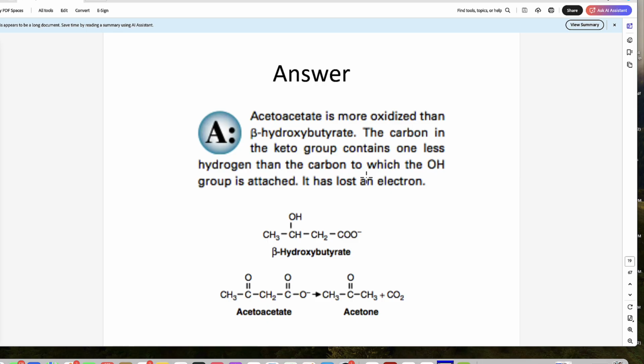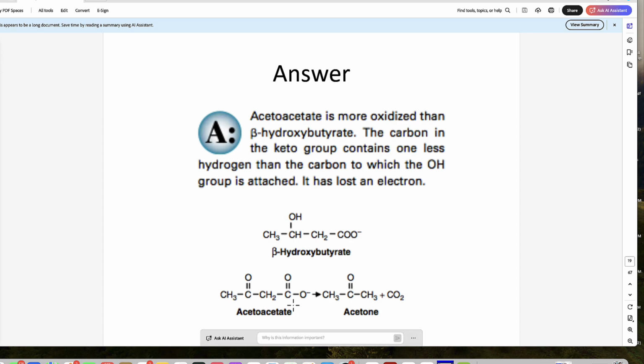Okay. The breakdown of this is just showing you that acetoacetate is more oxidized than beta hydroxybutyrate. And the way to determine this is by looking at the presence of carbon-carbon double bonds versus carbon single bonds.